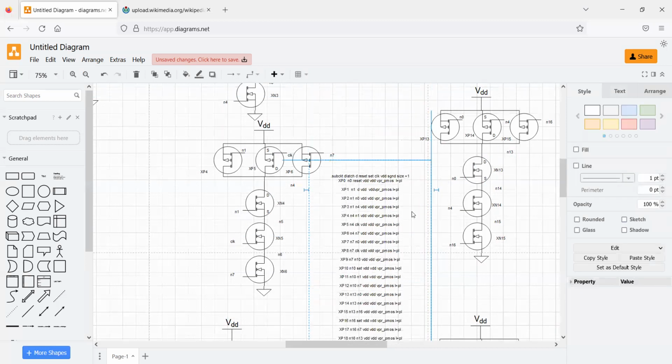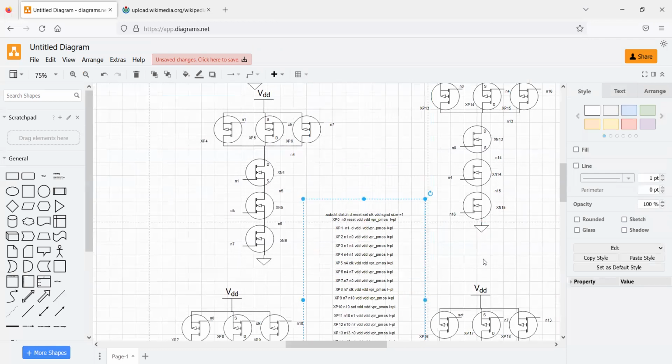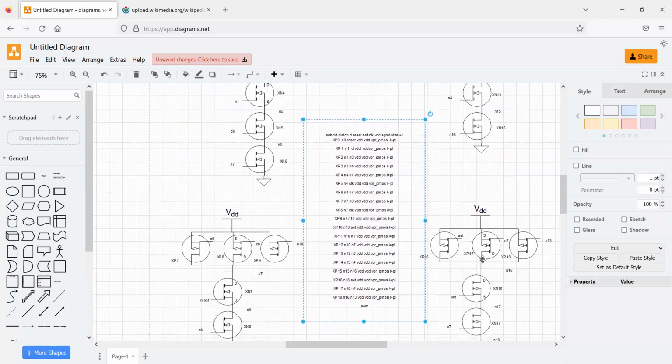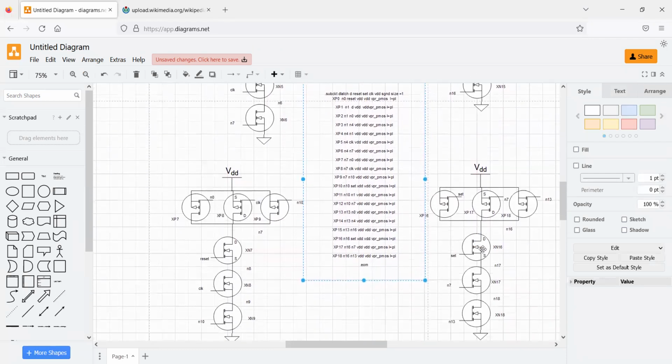Then let's go to the last one, the last three PMOSs. We have XP16, XP17, XP18. Let's start from XP16. So it goes from node 16, then goes to set, then goes to VDD.